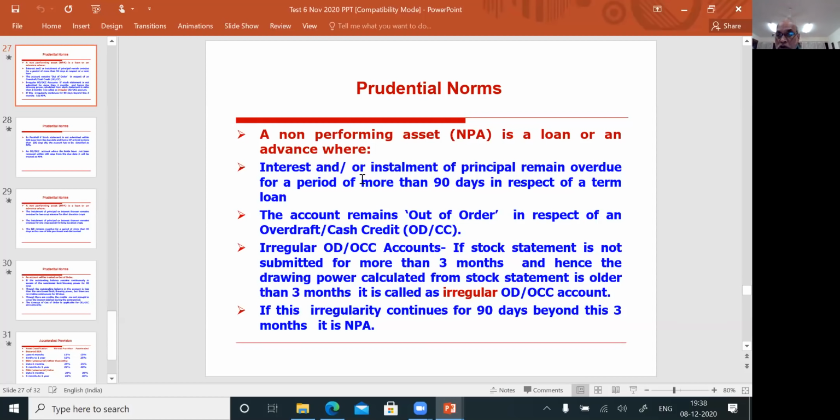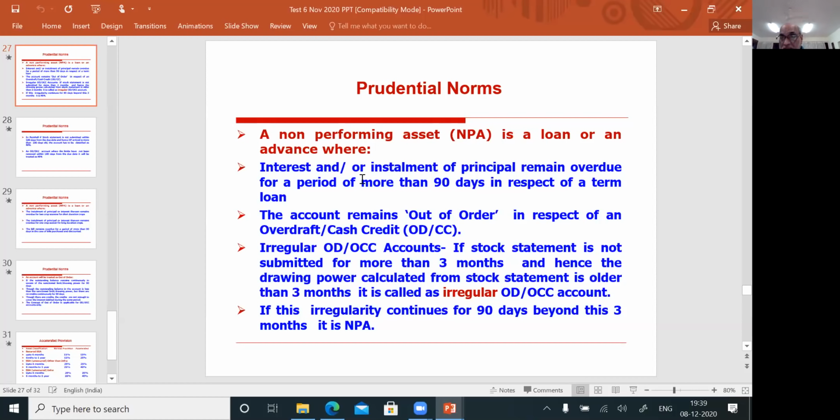Again, I repeat: an irregular OD/OCC account means the stock statement is not submitted for more than 3 months from the due date. If it continues for another 3 months from the date of commencement of irregularity, then the account will be classified as NPA.